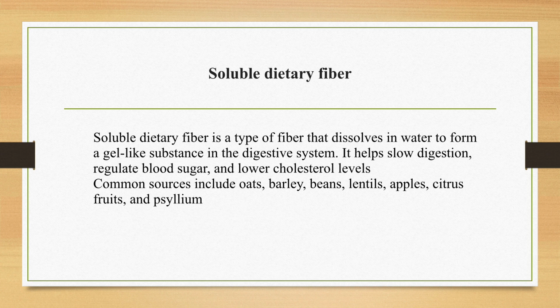This regulates our blood sugar levels, and also reduces cholesterol by binding with the bile acid in the intestine, which supports our heart health. And the last one is common sources, which include oats, barley, lentils, etc. This means that it is important in maintaining digestive and cardiovascular health.